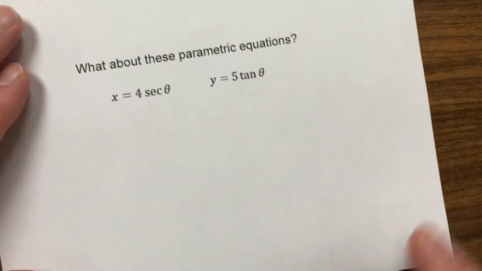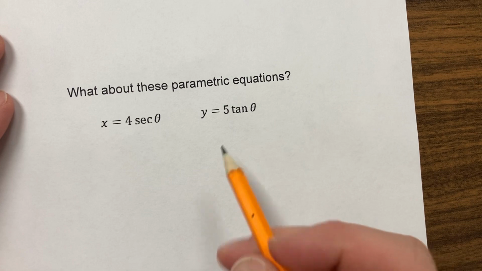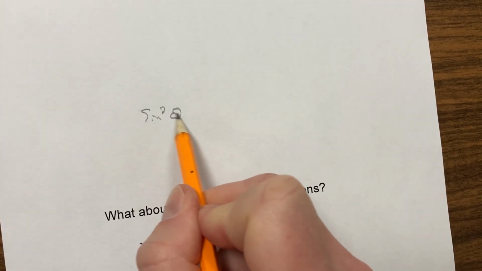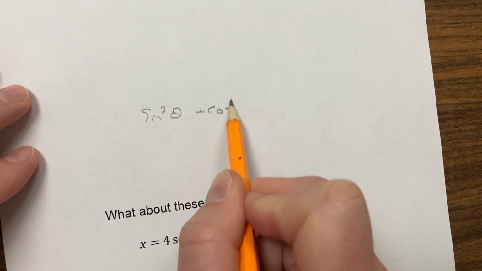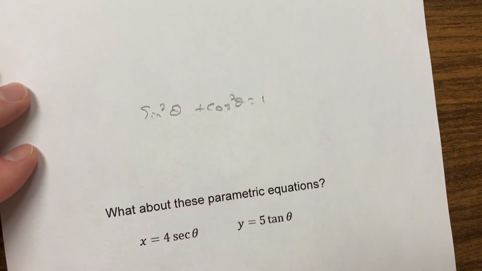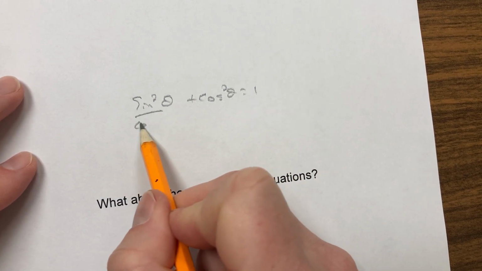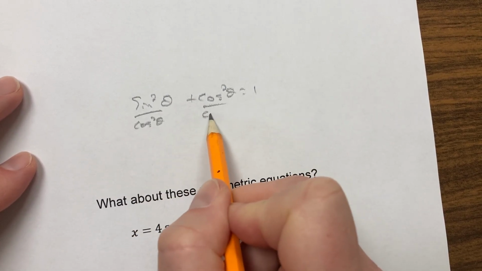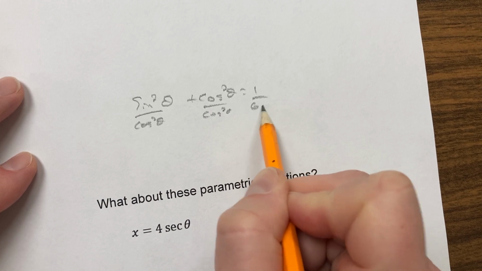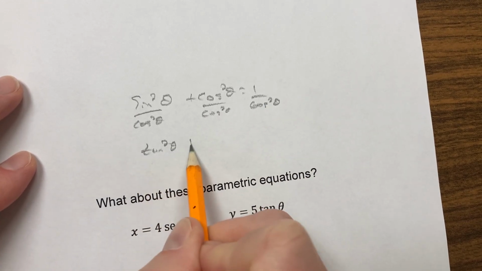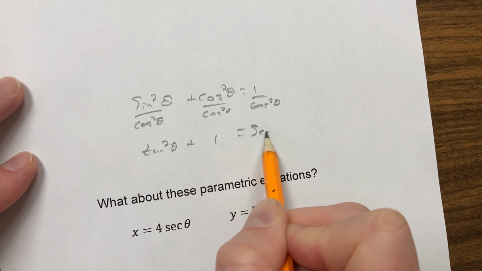The last one that we're going to look at then is this. And again, when you say that sine squared, pardon me, plus cosine squared equals 1, if you wanted something else, let's say that we divide by cosine squared, and by dividing by cosine squared, we get tangent squared plus 1 equals secant squared.